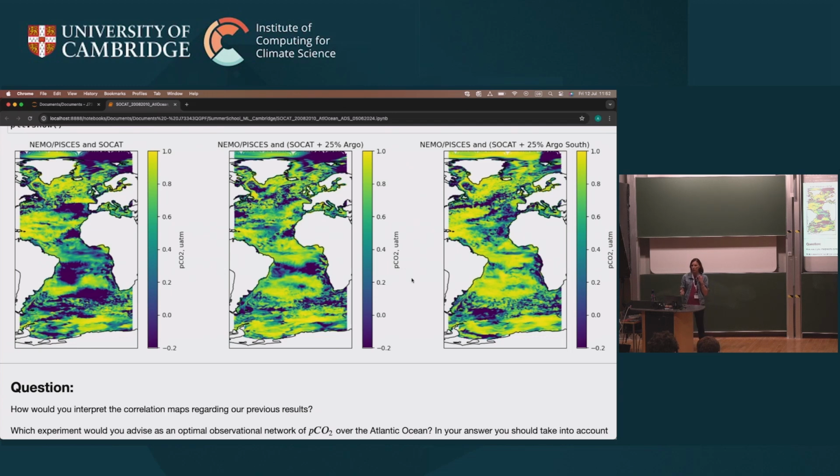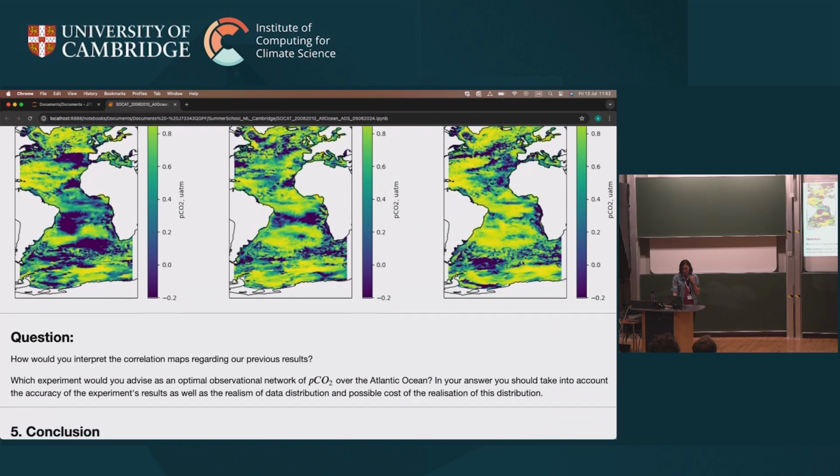But actually when we go to regional comparison, we see that yeah, it's comparable, but there is one of them that is better. So where we have fewer Argo floats. So it's always important to see what is behind these average numbers and to analyze it.